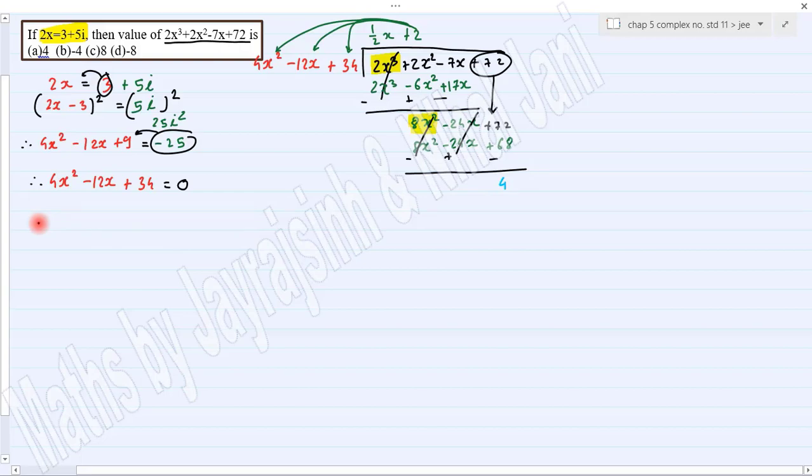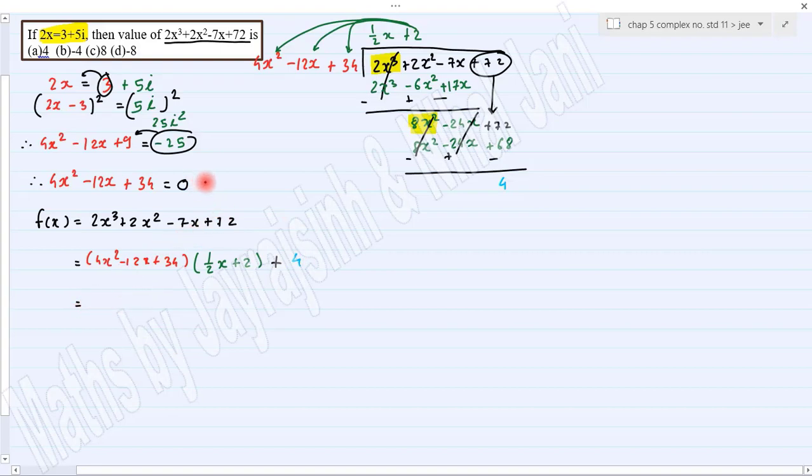So here we can say our function, which is 2x cubed plus 2x square minus 7x plus 72, can be expressed as 4x square minus 12x plus 34 times (1 by 2x plus 2) plus our remaining term, which is 4.